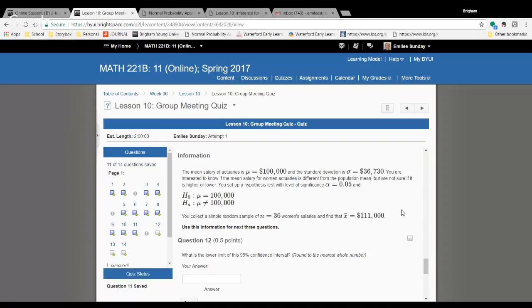So 36,730 divided by 6. That's a fun number. Okay. Wow. Times 1.96. Going to get even funner. That's a little bit nicer looking though. And then we're going to subtract that from 111,000.